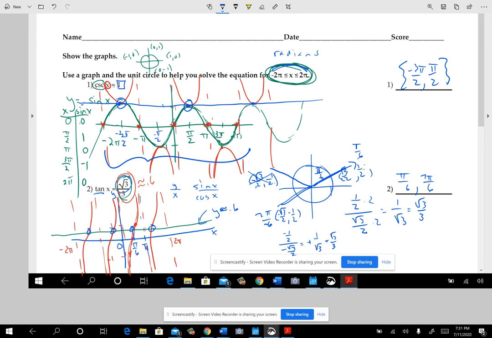Another way you can find these is once you find one, you know the period of the tangent function is pi. Notice that going from here to here is adding 1 pi. It's adding 6 pi over 6, and that got me there. So instead of trying to figure it out from the unit circle, I could just go this way and subtract pi.